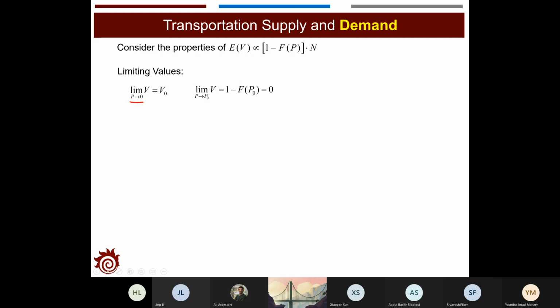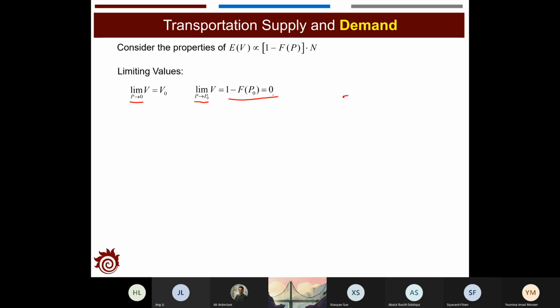If it further increases to like $100, maybe now none of you or your friends would like to drive to Niagara Falls. In that sense the volume will be 0. So we reach another extreme case: when the cost approaches that value, the volume, or the probability for a person to take the trip, will be 0.